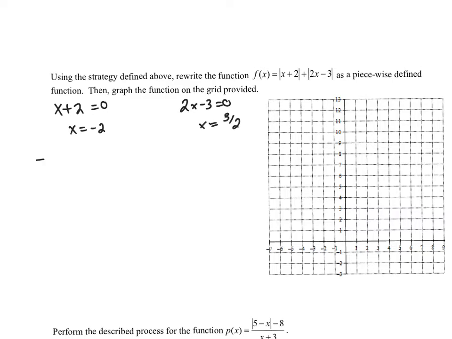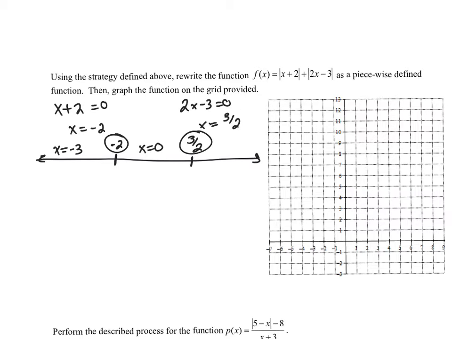So we have our number line in 3 intervals with x being negative 2 and 3/2. To the left of negative 2, we'll say x is negative 3, between negative 2 and 3/2, we'll say x is 0, and to the right of 3/2, we'll say x is 2.